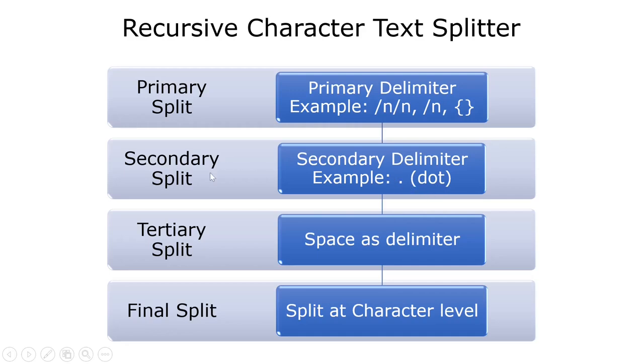After the secondary split, if the user defined chunk size is still less than the current chunk size, then it will go to the tertiary split where it uses space as a delimiter, and after that it goes to the final split where it just splits at character level.